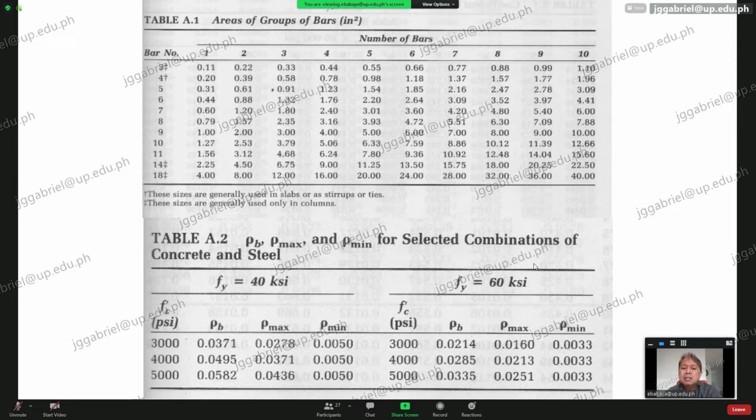So these are already prescribed steel ratios. Please remember the formula for steel ratio: total area of steel over total area of the concrete, or the dimension of your beam. Okay, any question?